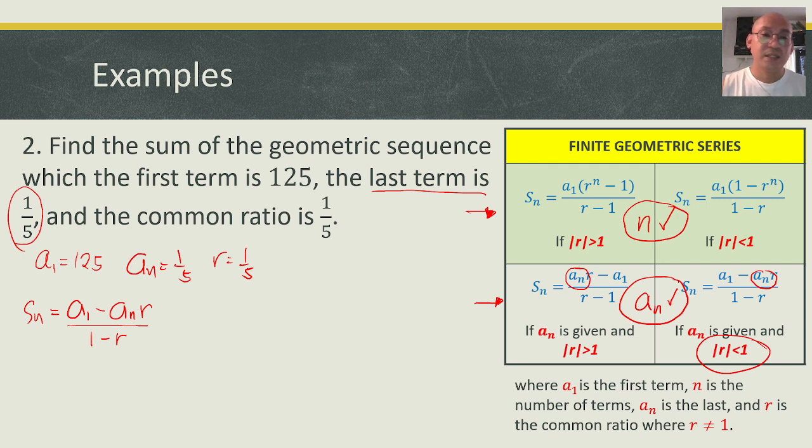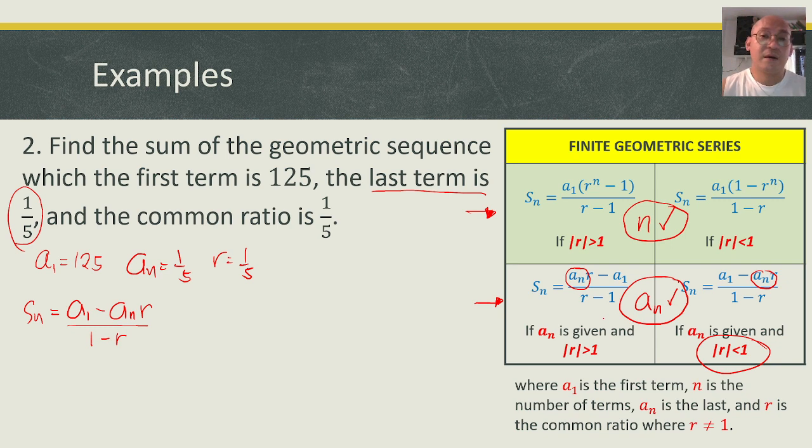Actually, you can also use the other formula even if r is less than or greater than 1. It is just that we are doing these two types of formula for the students not to be confused about what formula they are going to use.